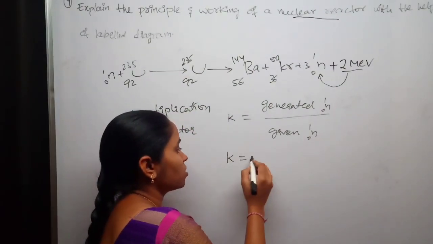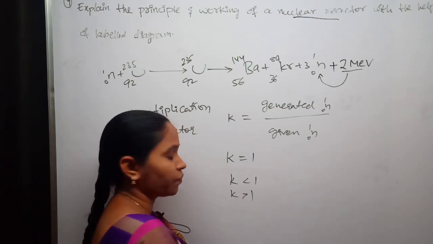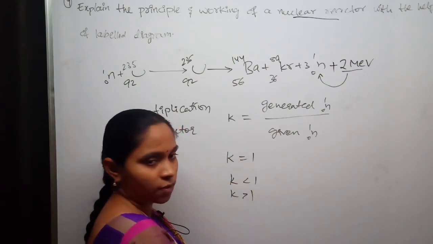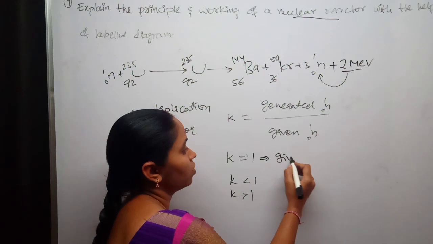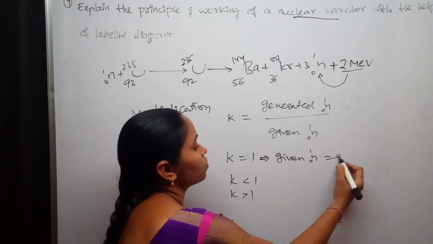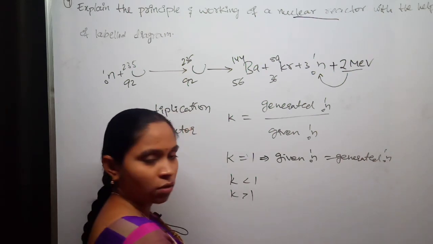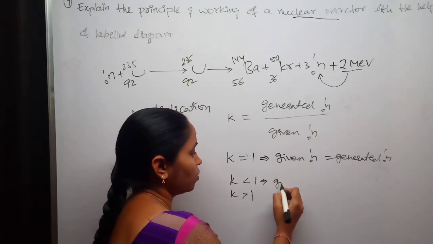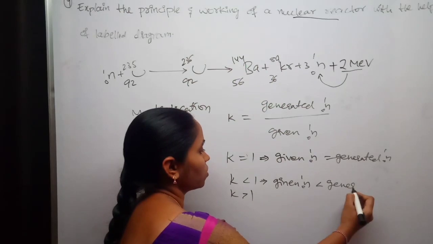And this multiplication factor K may be equal to 1, less than 1, or greater than 1. What happens if it is equal to 1? If it is equal to 1, the given neutrons will be equal to generated neutrons. Okay, and if it is less than 1, given neutrons will be less than generated neutrons.